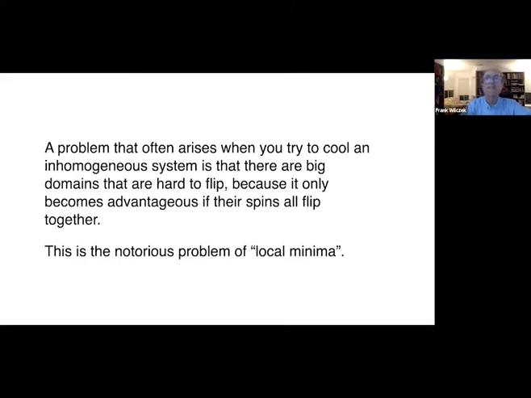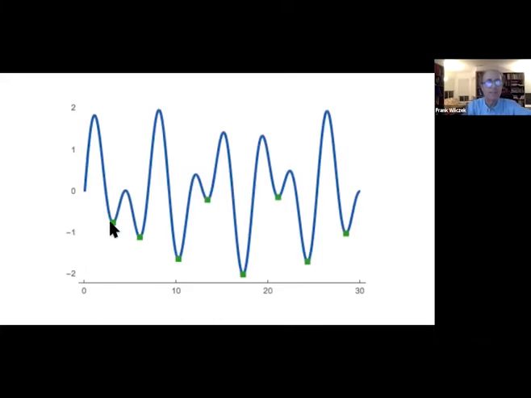So if we have an energy function that might be very complicated, if the energy is here and you have little changes that don't change the value of the relevant parameter very much, you get stuck at this minimum, which is not the true minimum. And there are a number of local minima that you can get trapped at.